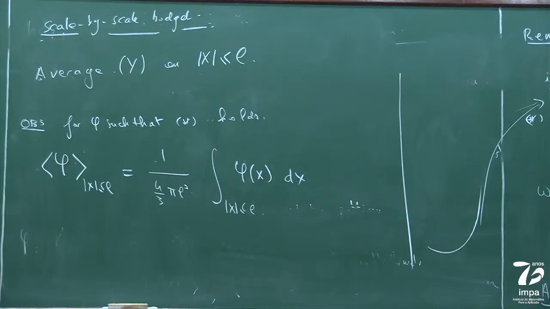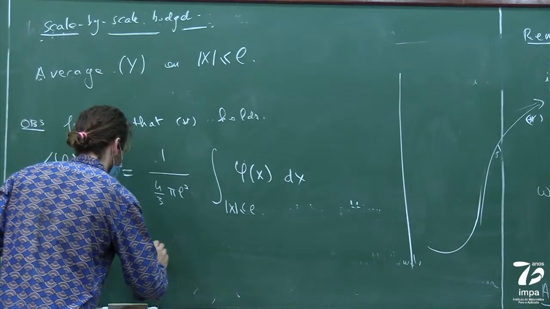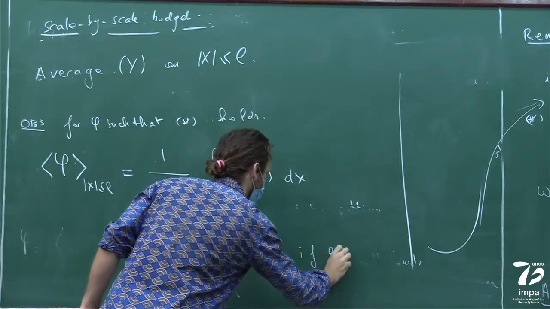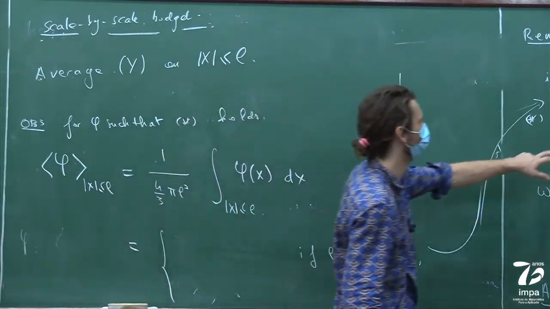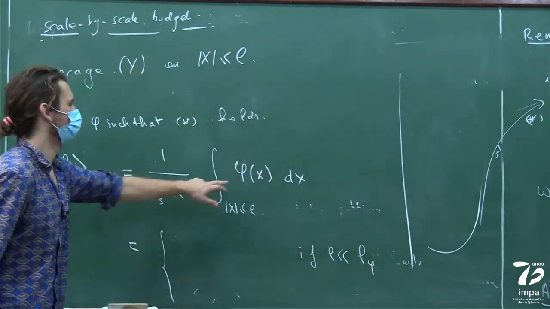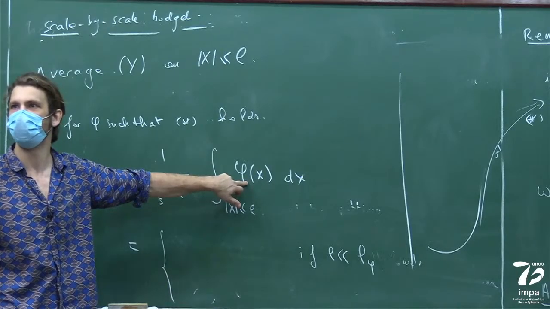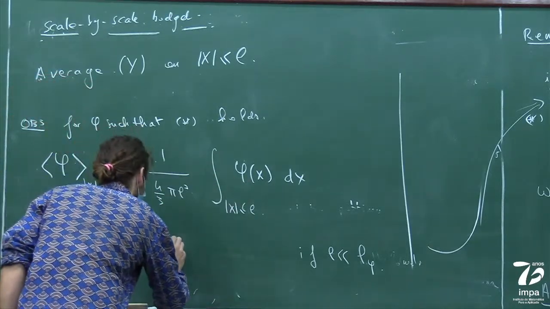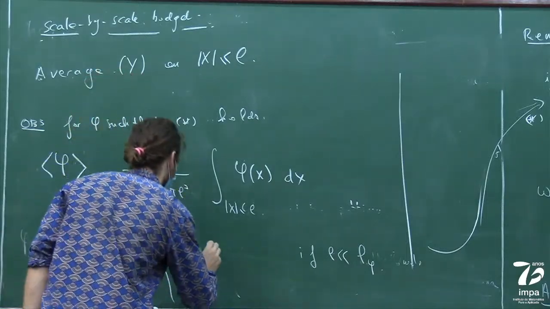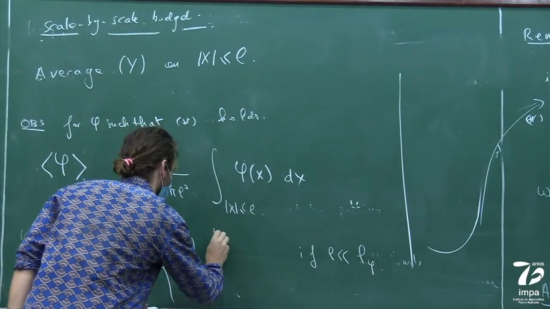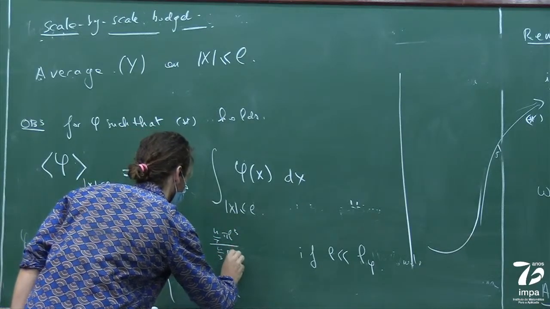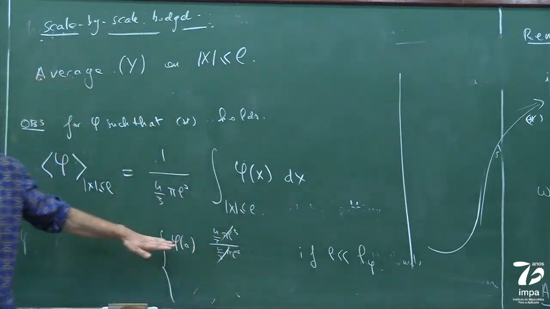And so there are two cases. If L is very small with respect to this correlation length, then we can approximate this by the value at 0. So this is phi 0 times the ball, 4/3 of pi L cube over 4/3 of pi L cube, and just the value at 0.